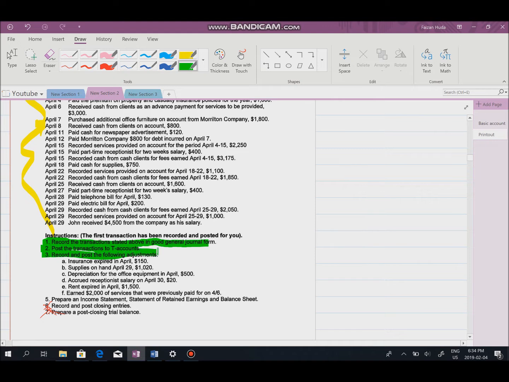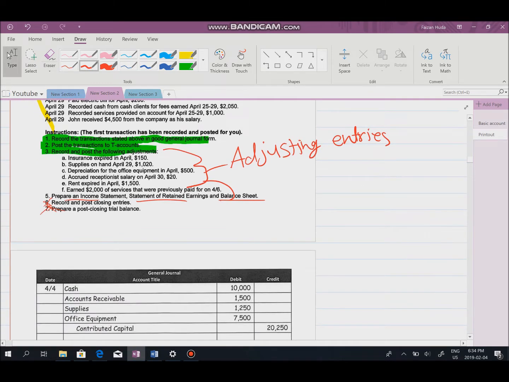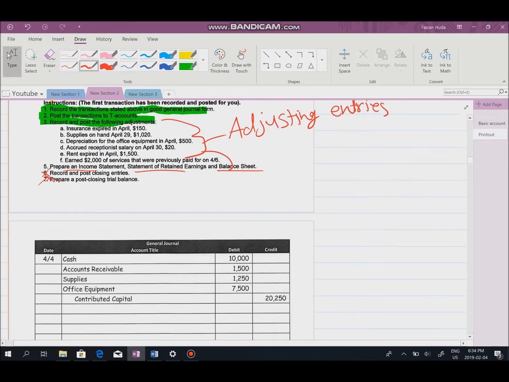Then we will be making adjusting entries. Then what we will do is we'll make our income statement, statement of retained earnings and balance sheet, and a trial balance too.